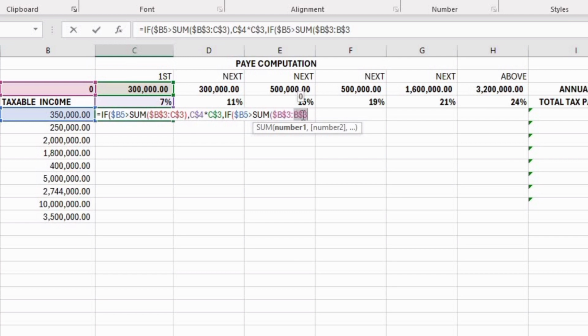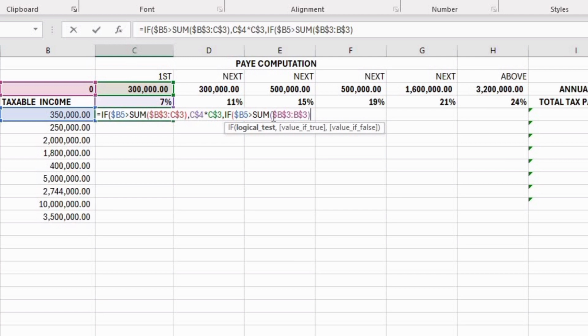Then for the next one, we'll fix only the row 3 and leave the column B not fixed. What this implies is if the taxable income is greater than an amount which is not up to 300,000, it is assumed that we have the number 0 before the first 300,000.